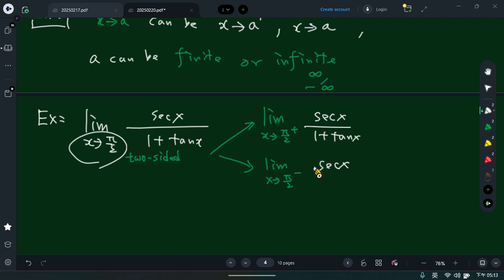So we try to calculate its right-hand limit and its left-hand limit. If we want the two-sided limit, we should measure its two one-sided limits. Then if the two one-sided limits are the same, we can conclude its two-sided limit exists.